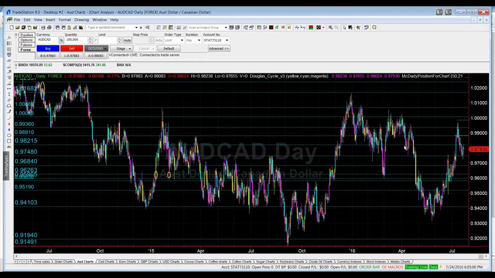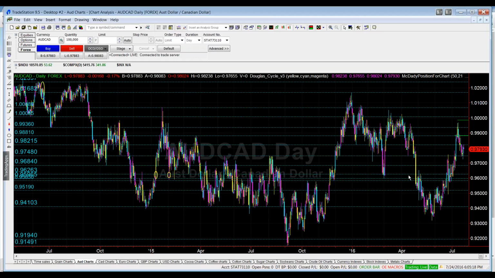If it gets below that, you are out with a small risk, and the reward should take you up maybe to 99. So the risk reward is about 4-1. These are reasonably good trades.